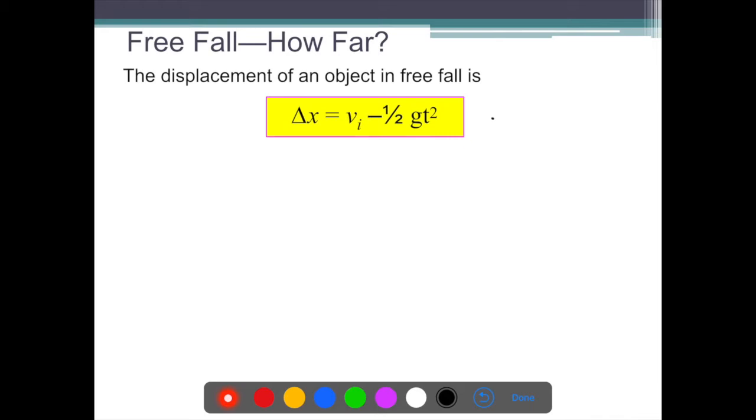So the original kinematic equation is vi t plus 1/2 a t squared. But a, we replace with g, gravitational acceleration, and because gravitational acceleration is always directed downwards, this sign will be negative to indicate a downward direction.